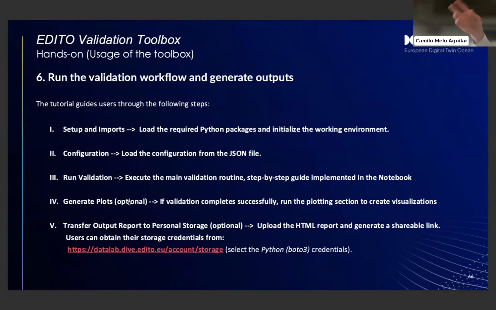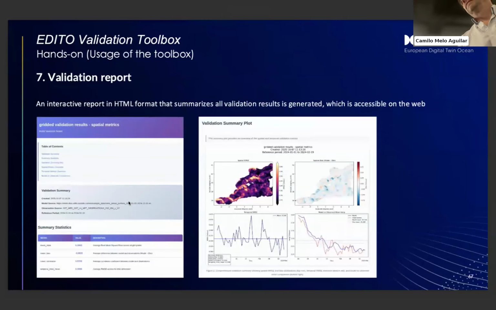You will have access to this presentation, so there's no need to explain everything now. And this is the final validation report, in HTML format, so you can share it. This is the basic validation, for SST. This is an example of model output from, sorry, I forgot to mention, I'm Camilo.